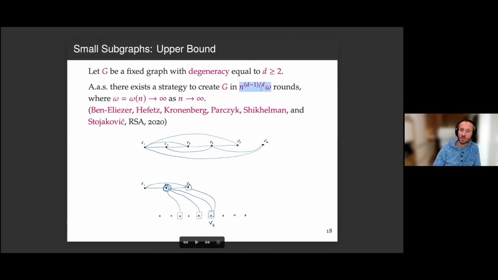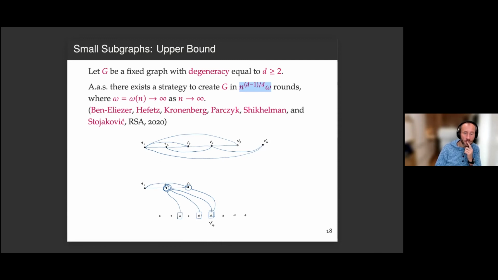So that's how long they have to wait. And if the graph is finite, the graph only has 6 nodes, then of course you can just do it 6 times and you're done. So this is a very nice, simple strategy to create a degenerate graph.